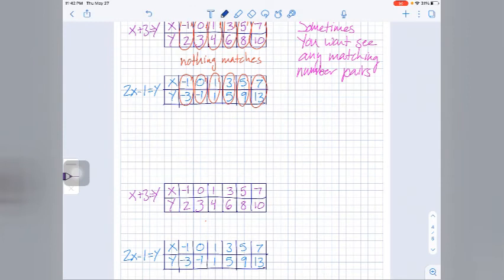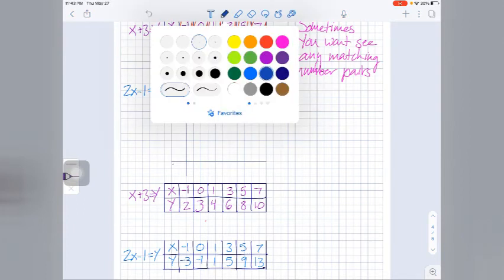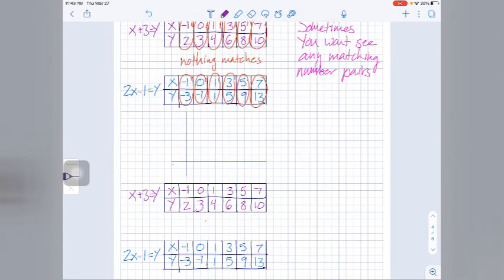If I was to draw a graph here, I want you to be able to figure this out without actually looking at a graph.